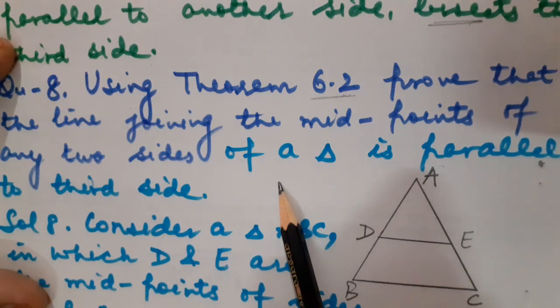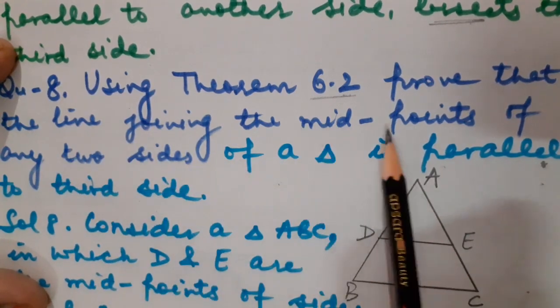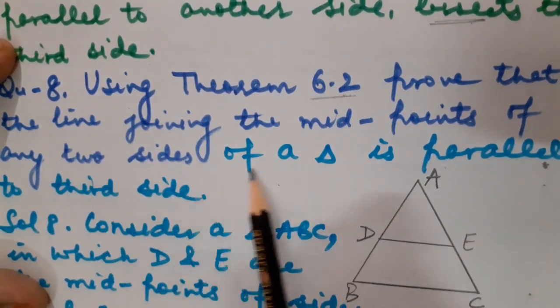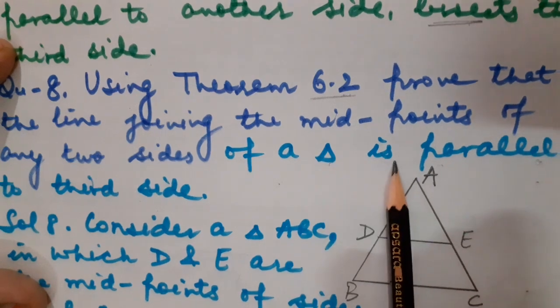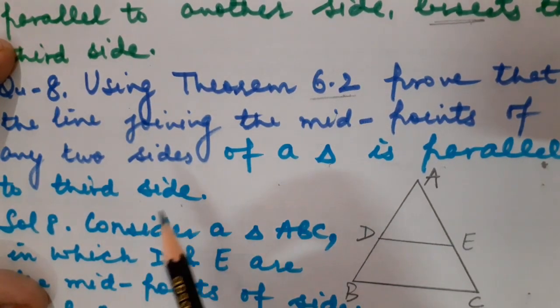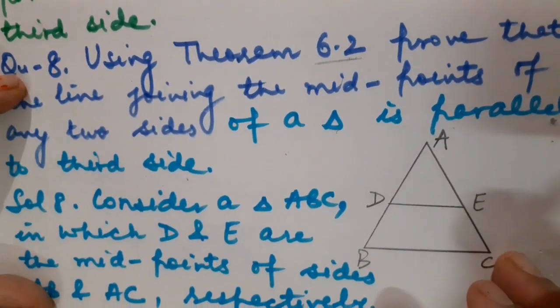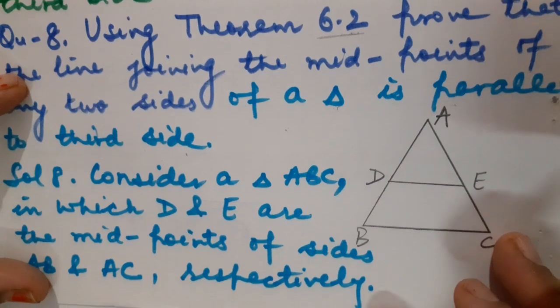So let us recall its statement once again. Prove that the line joining the midpoints of any two sides of a triangle is parallel to the third side of the triangle. Okay. So children, when I proved the midpoint theorem, I used the basic proportionality theorem.